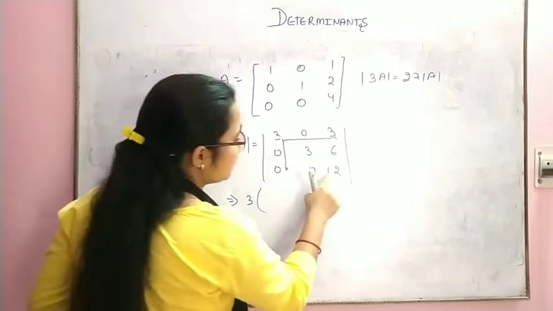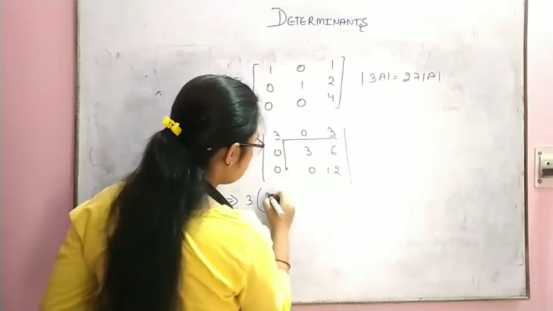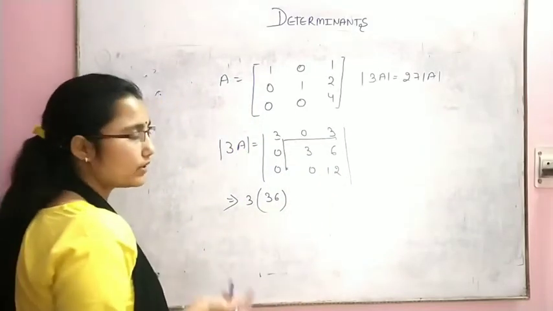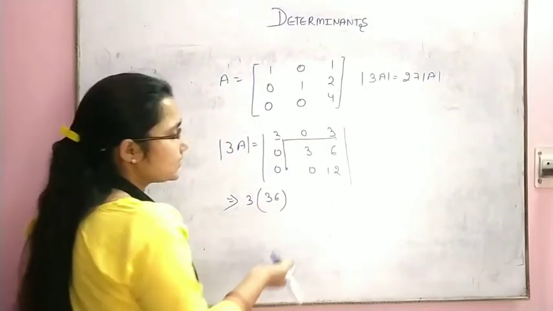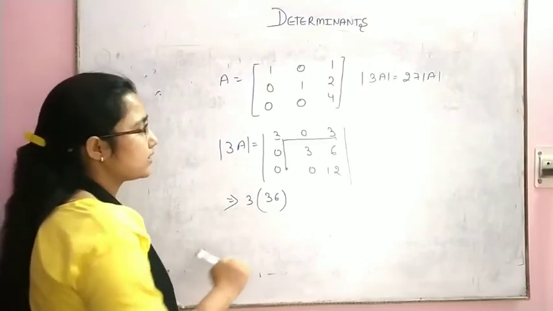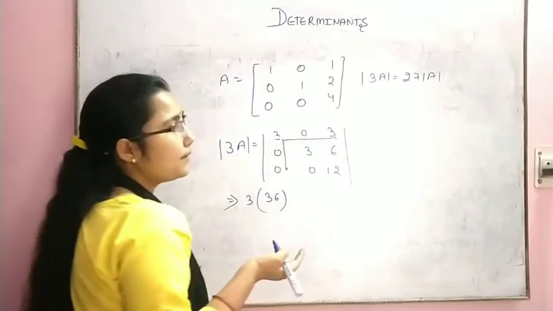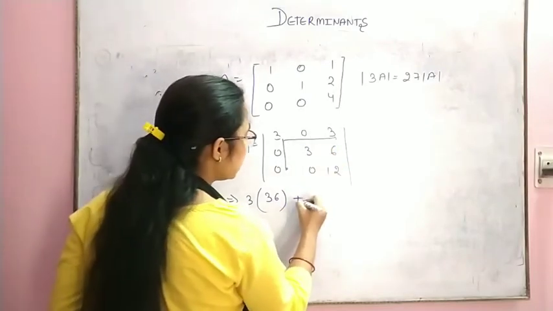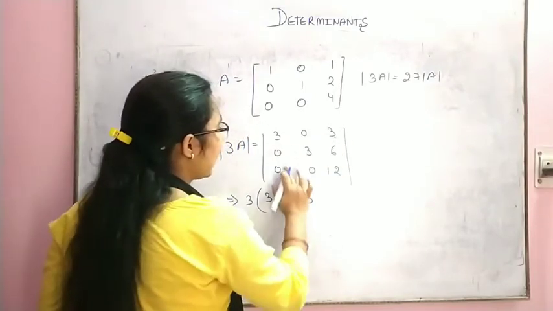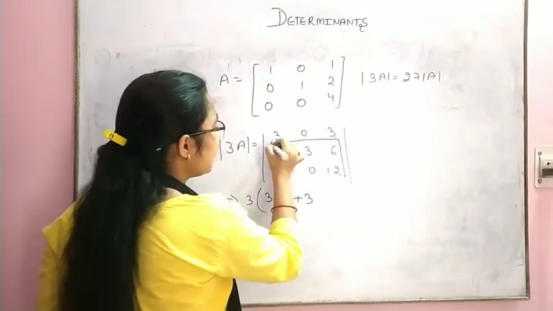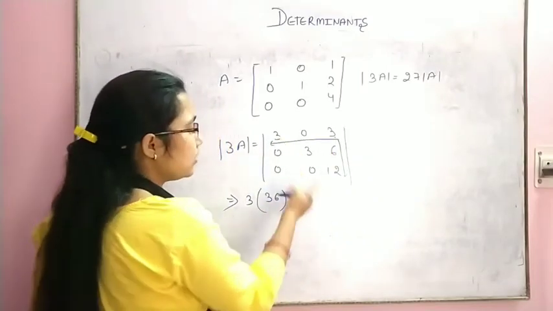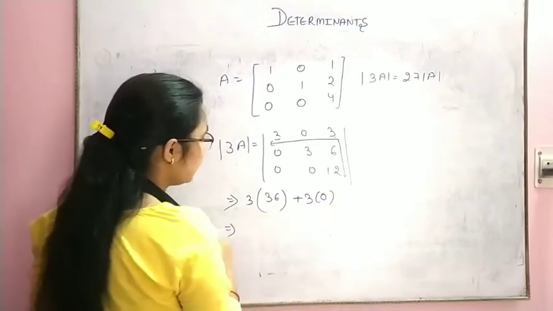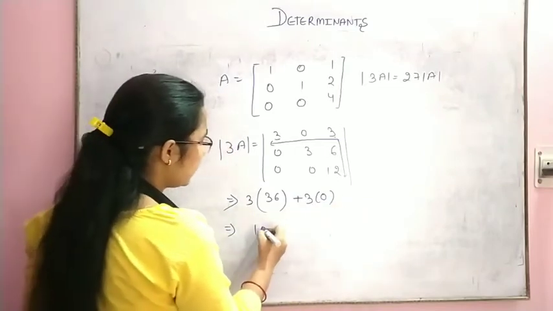So this is 12 threes are 36 and this will be 0. So no need to write down 0 because 36 minus 0 we get again 36. Now 0 multiplied by any number we get again 0. So just write down positive 3, and the respective row and column will be cancelled out. We get 0 into 0, 0. 0 into 3, 0. That means all is 0. So we get 108 here.